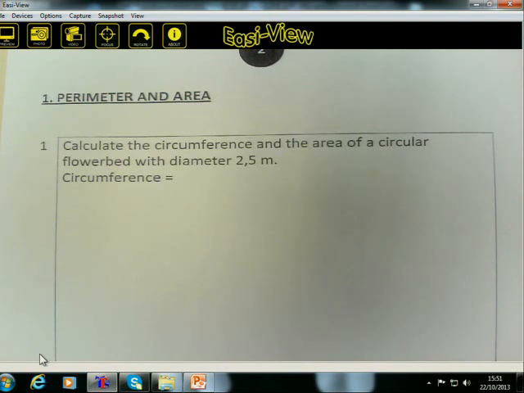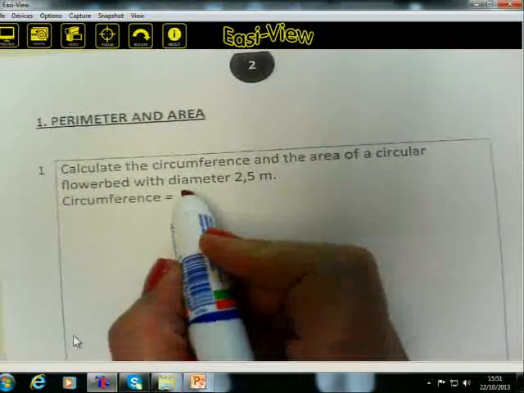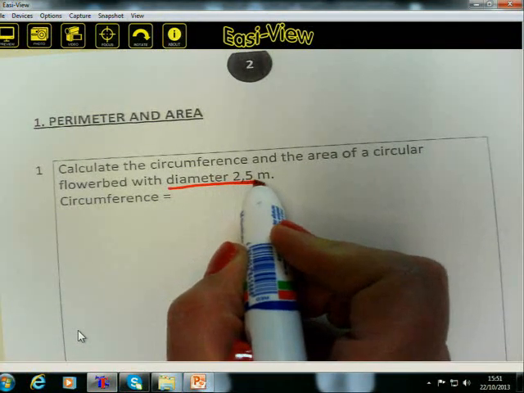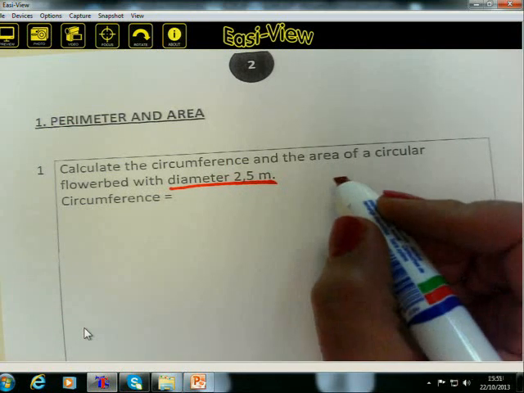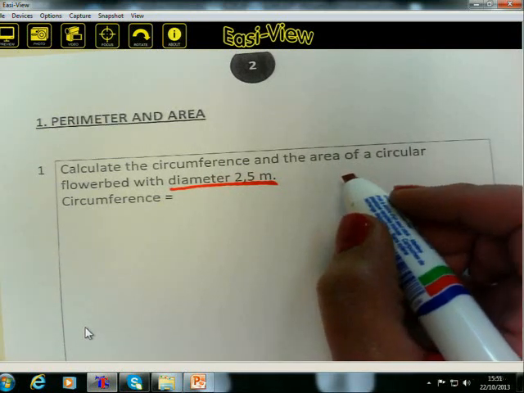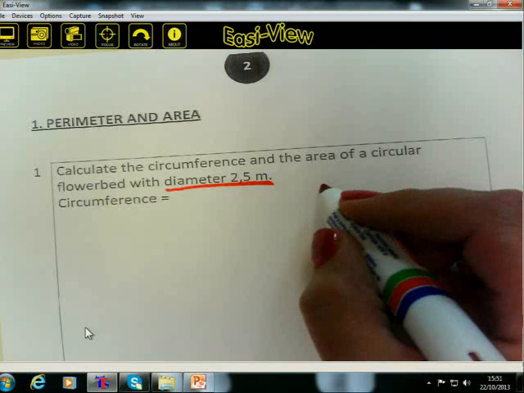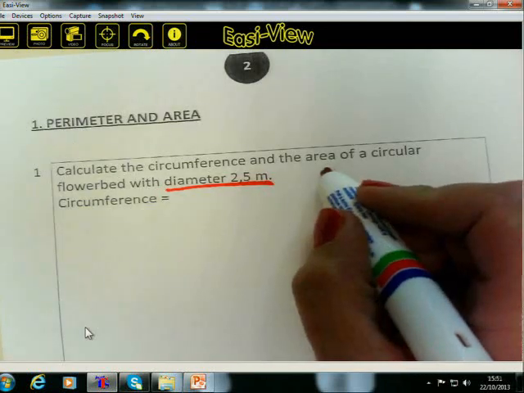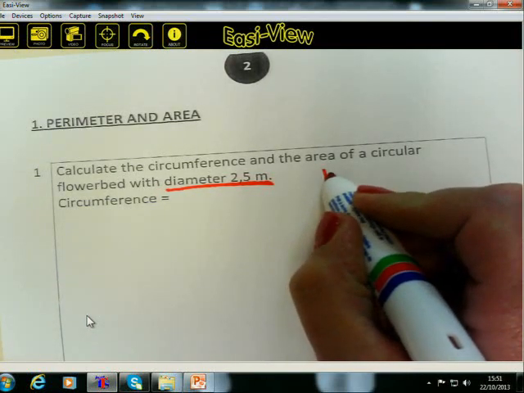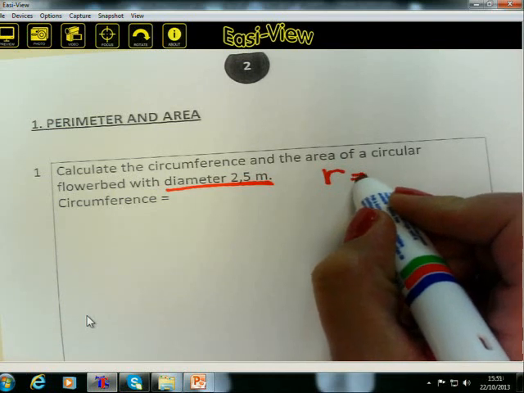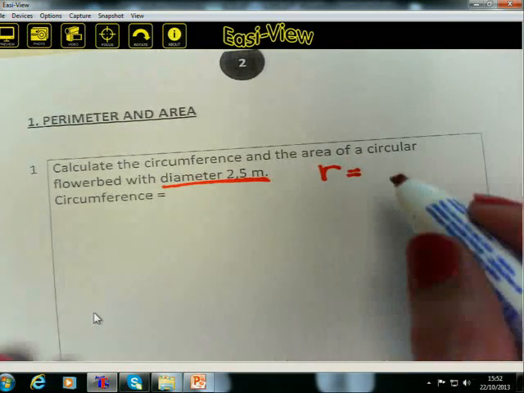Diameter of 2,5. This tells me here is a problem. Diameter of 2,5. So what is the first thing that you must think of? You must remember the radius is going to be what now? Diameter is the whole distance.